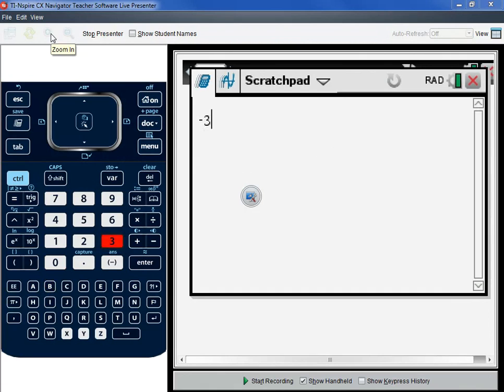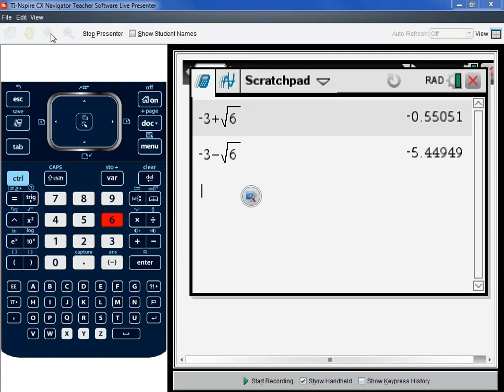If I have -3 plus the square root of 6, that's approximately equal to -0.55051, as well as other digits behind the decimal, because non-perfect squares, when you take the square root of them, they give you non-terminating, non-repeating decimals. They're irrational. So if I take -3 minus that same square root of 6, I get -5.44949, as well as some other digits after that.